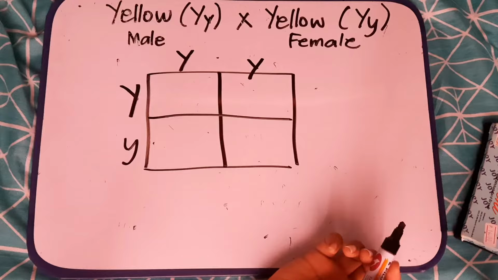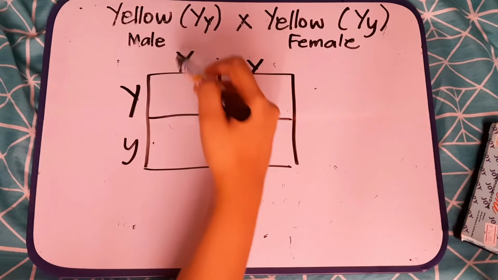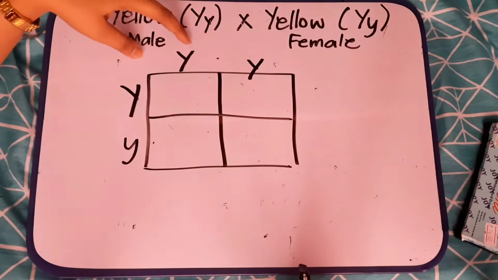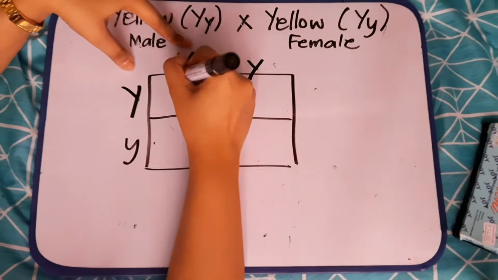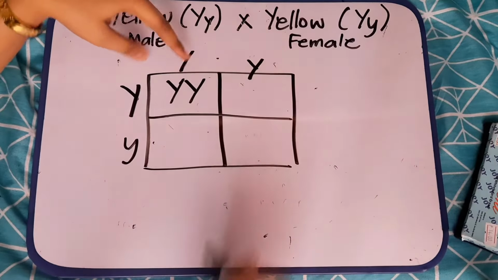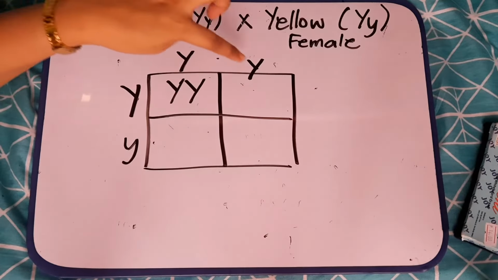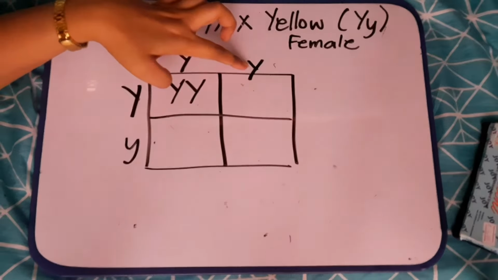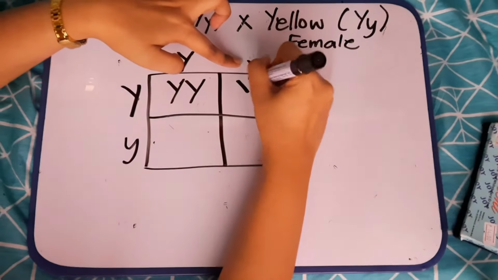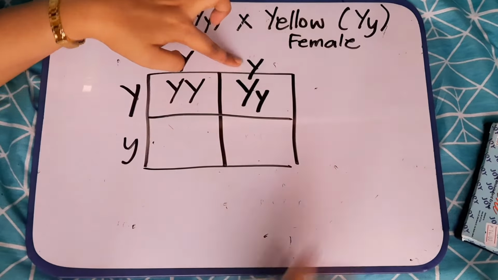Sa Punnett square, napakadali lang niyan kasi ipagko-cross lang natin yung pagkatapat. Since parehas itong dominant, we have here both capital Y, which is both dominant. And then capital Y and small letter y, dominant and recessive. So, we have isang dominant at isang recessive.